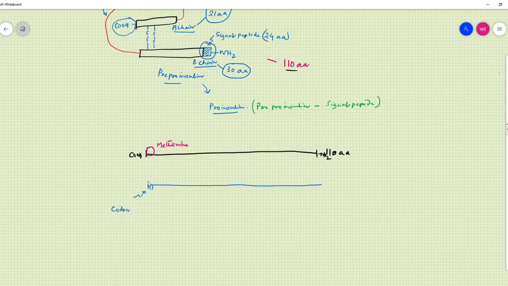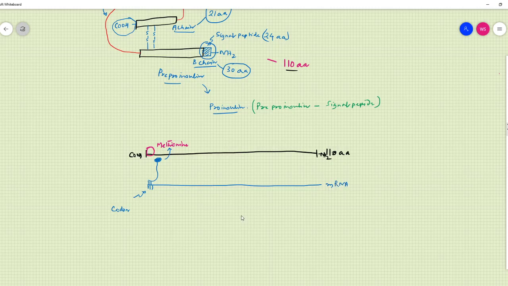This codon has got an anticodon. This anticodon is connected to an amino acid, and that amino acid is methionine. Okay, so this is the messenger RNA.